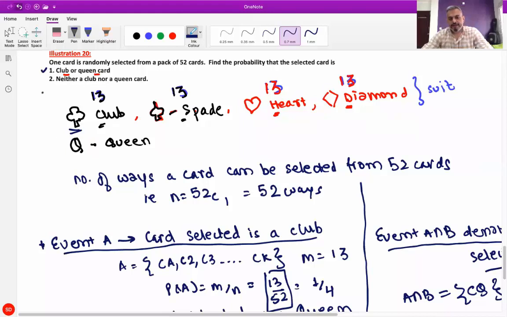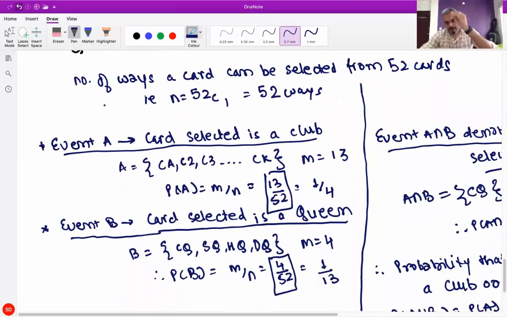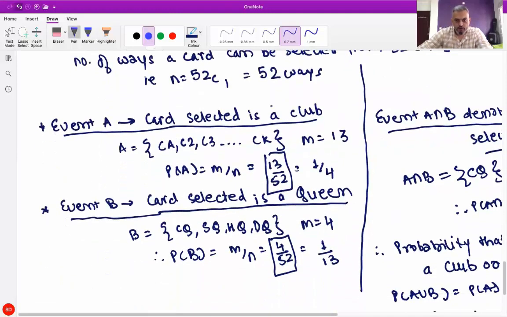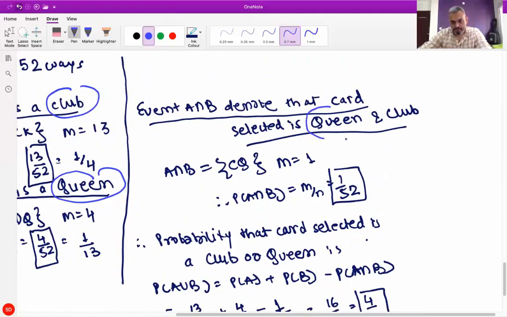Now second is neither a club nor a queen, यानी हमें न क्लब चाहिए न क्वींस चाहिए. We don't want club, we don't want queen, and can I say we don't want both, because club नहीं queen नहीं, तो queen and club भी आएगा ही नहीं.